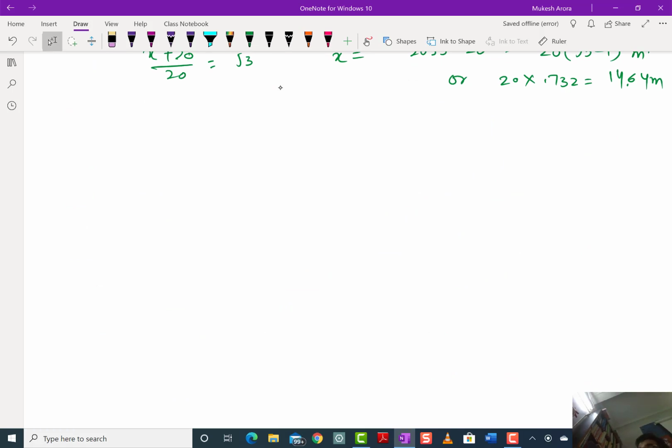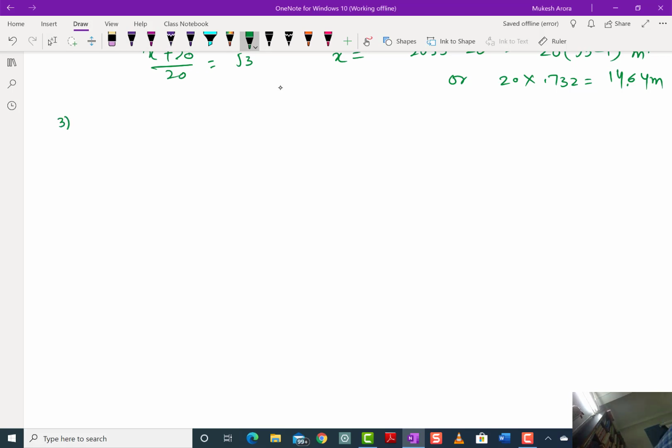Third question. The angle of elevation of the top of a building from the foot of a tower is 30 degree.